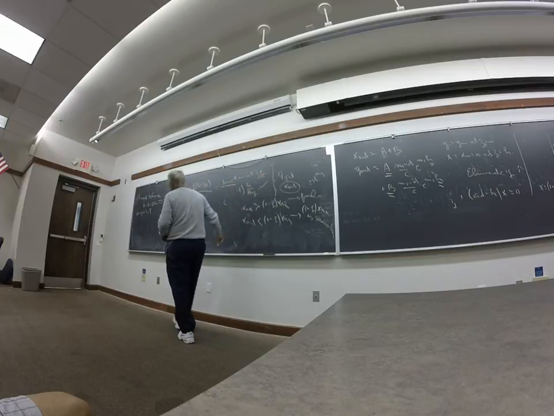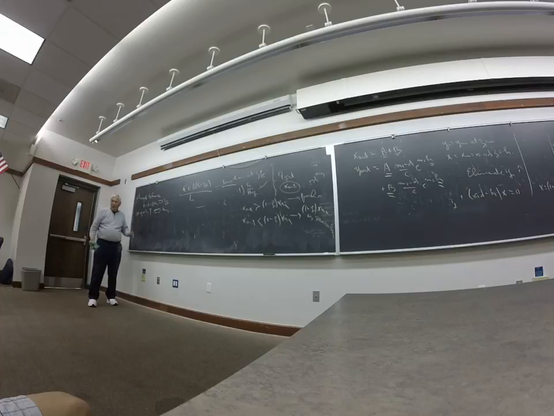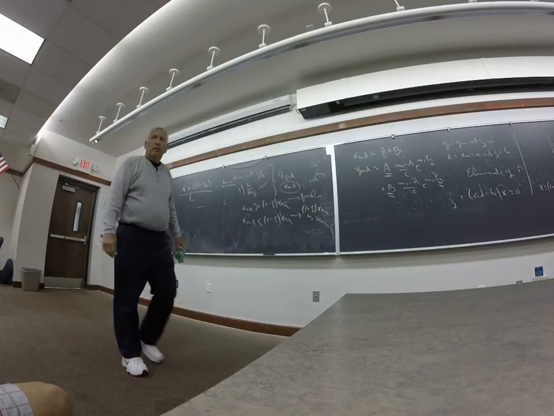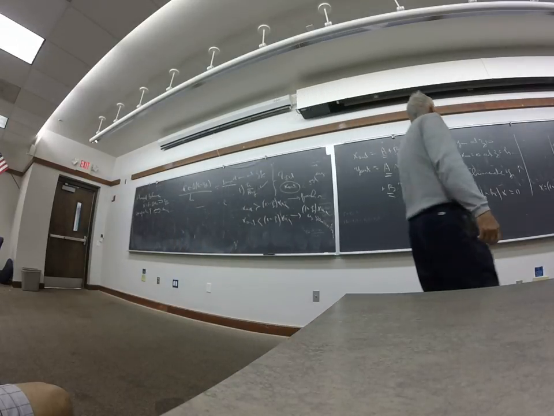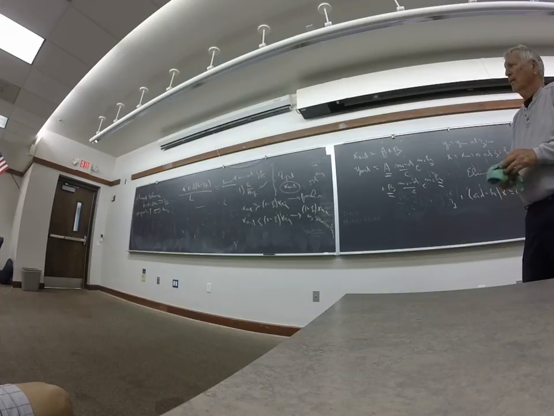So I take this time and compare it to t, and if that time is less than t, I can do the job. If it's not, I can't do the job. So that's how these arguments work. So I can do a lot of interesting problems along those lines.